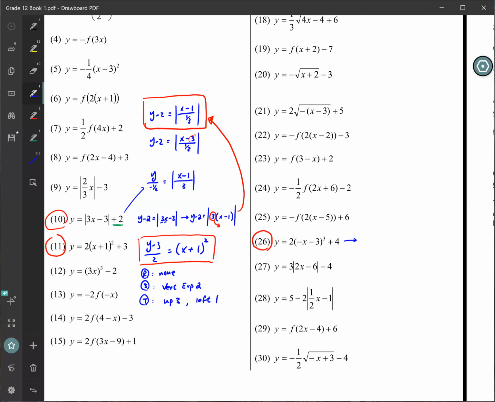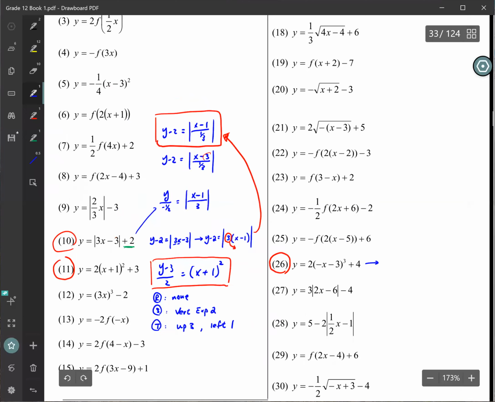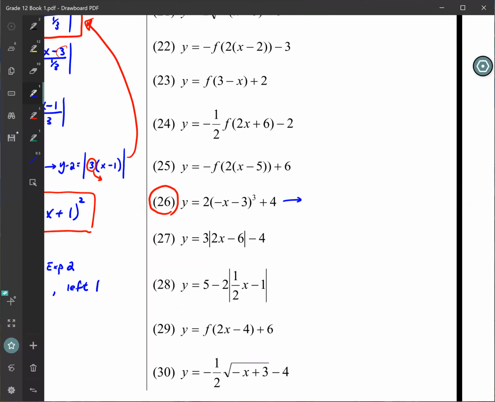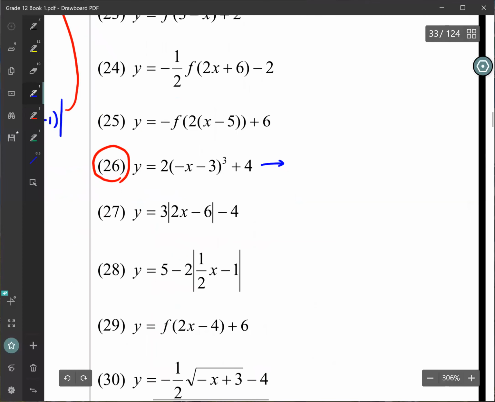Okay, so let's see. William, what do you have for your story form? It's probably wrong, but okay. Y minus 4 over 2, and then I didn't change anything on the right side.